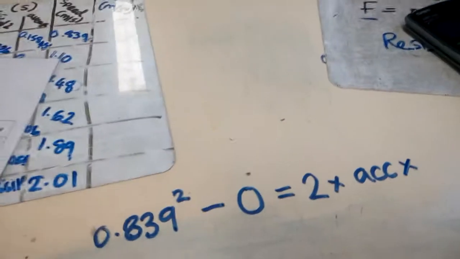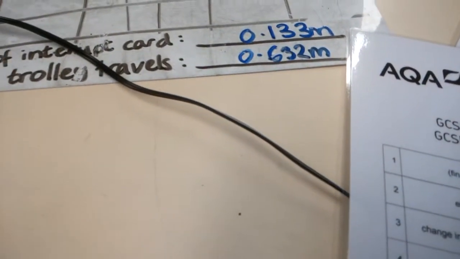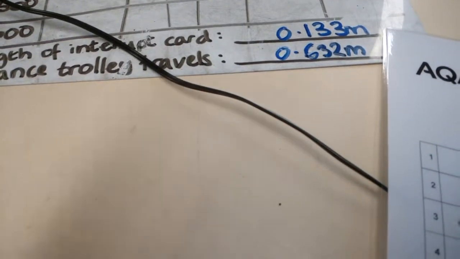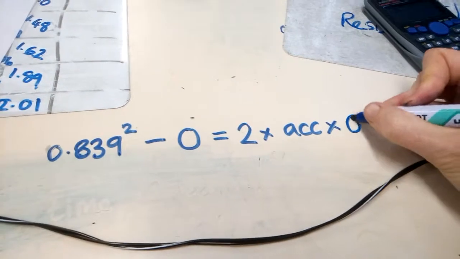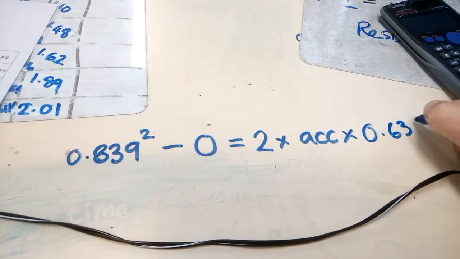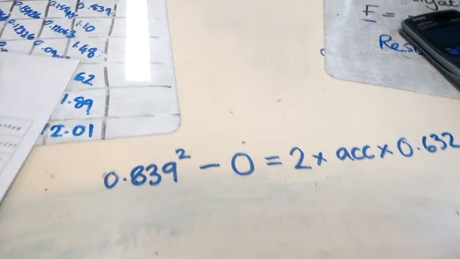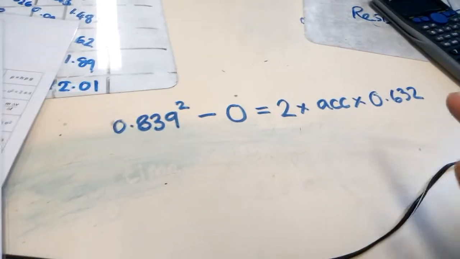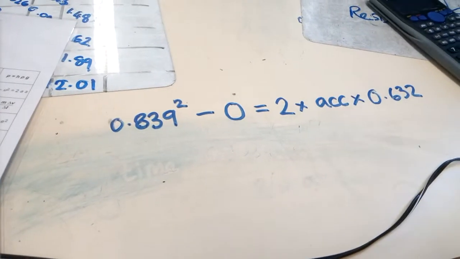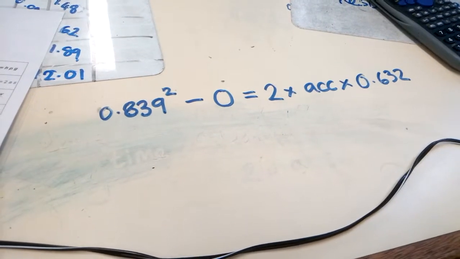Now the distance travelled by the trolley you recorded at the start of the experiment. My trolley was travelling 0.632 metres, so I'll put that in to show you how to do that. Now all we've got to do is rearrange this, and if you're doing higher physics, you will be expected to be able to do that in the exam.